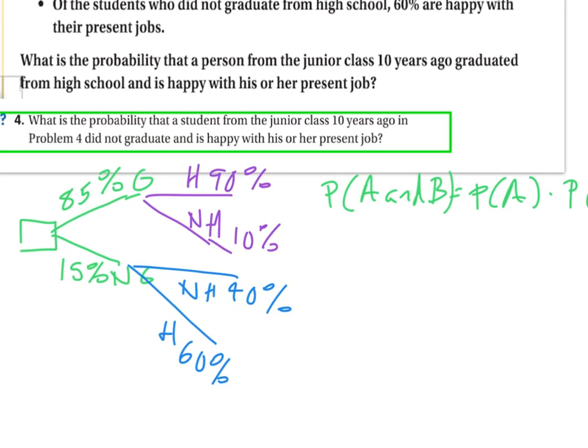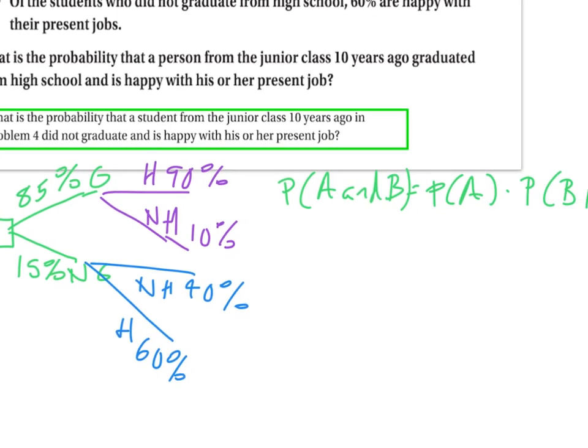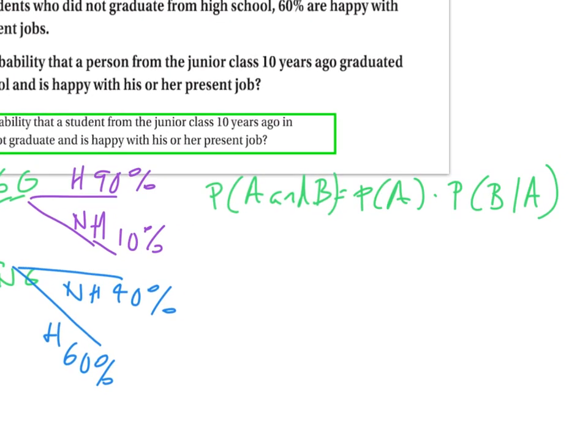Now if we translate that to what we are trying to find, so trying to find the probability that they graduated from high school and they're happy with their present job. So really in my shorthand that would be G and H, so graduated and happy.